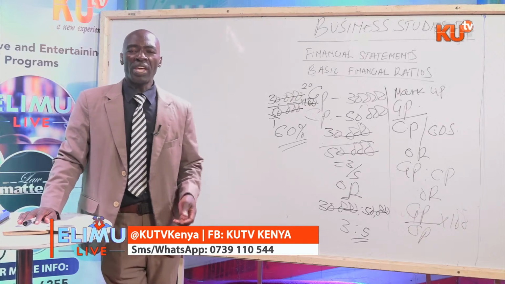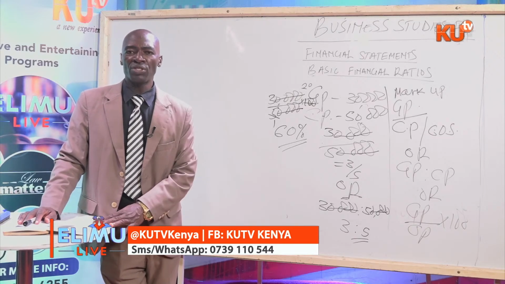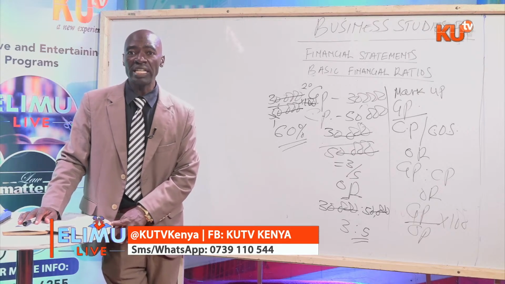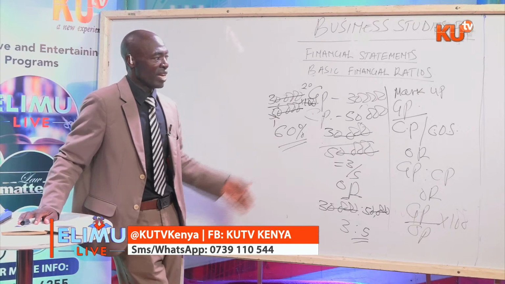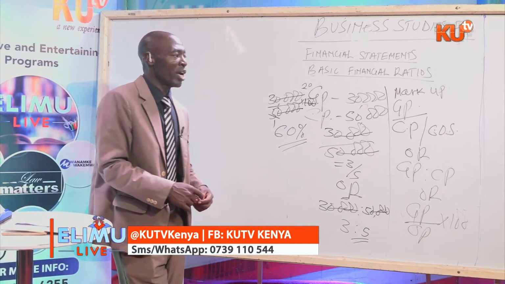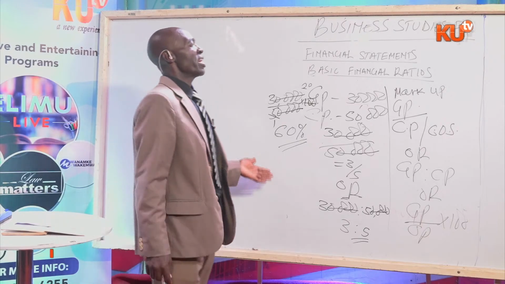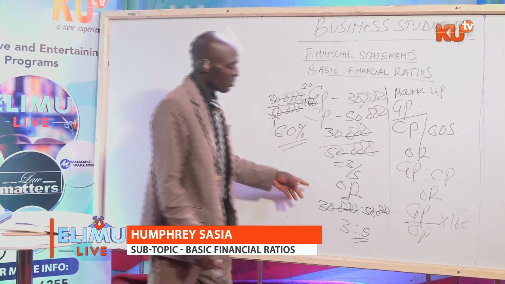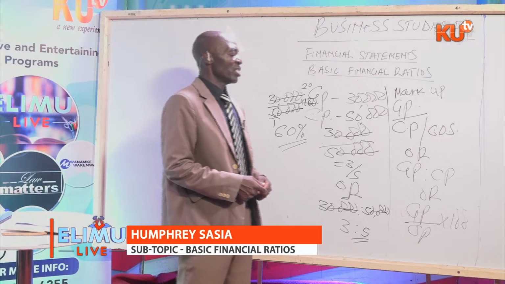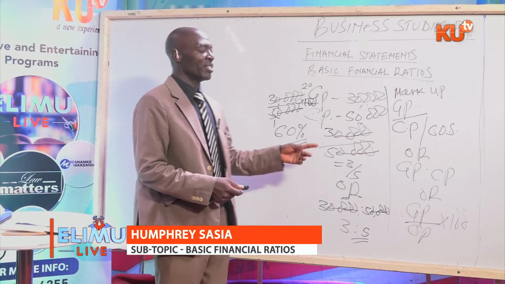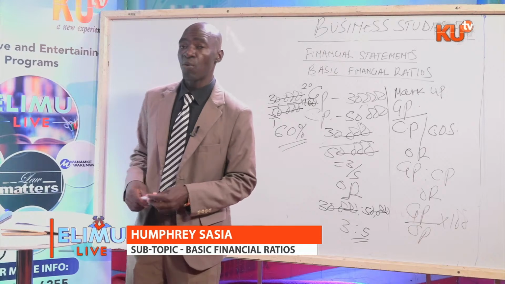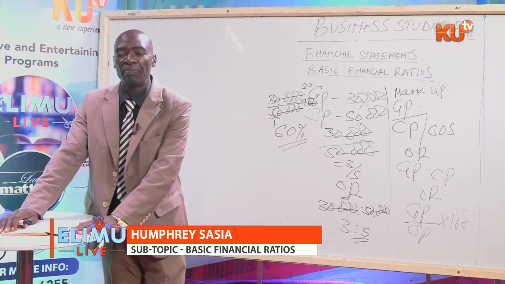So in an exam, it depends on the examiner's dimension of the question. If he has requested you to calculate the markup basing on the percentage, this is what you'll do. If you are required to calculate the markup in form of a ratio, this is 3:5. If it is in form of a fraction, then it's 3/5. So that is how we calculate markup.